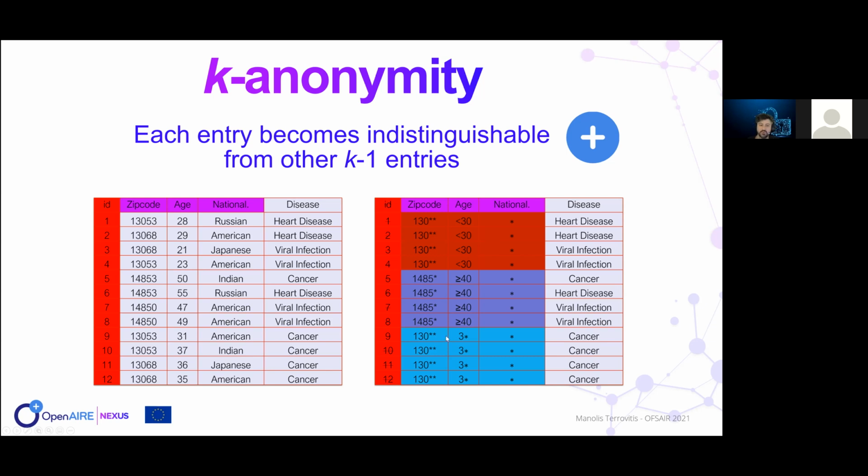Now, I told you about the weaknesses. Each statistical guarantee has a different one. Here, if you have small groups, you are in danger of homogeneity attacks. For example, if I know that Jane is American and she's 31, then I can place her in this cluster. I don't know which of these 4 is her record, but I know for certain that she suffers from cancer.